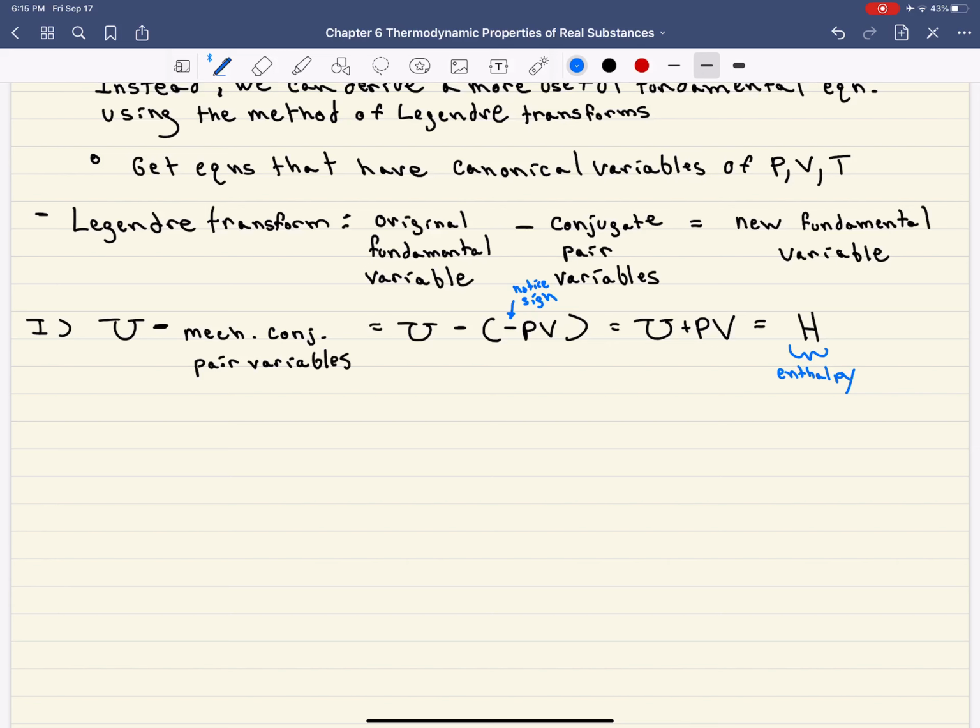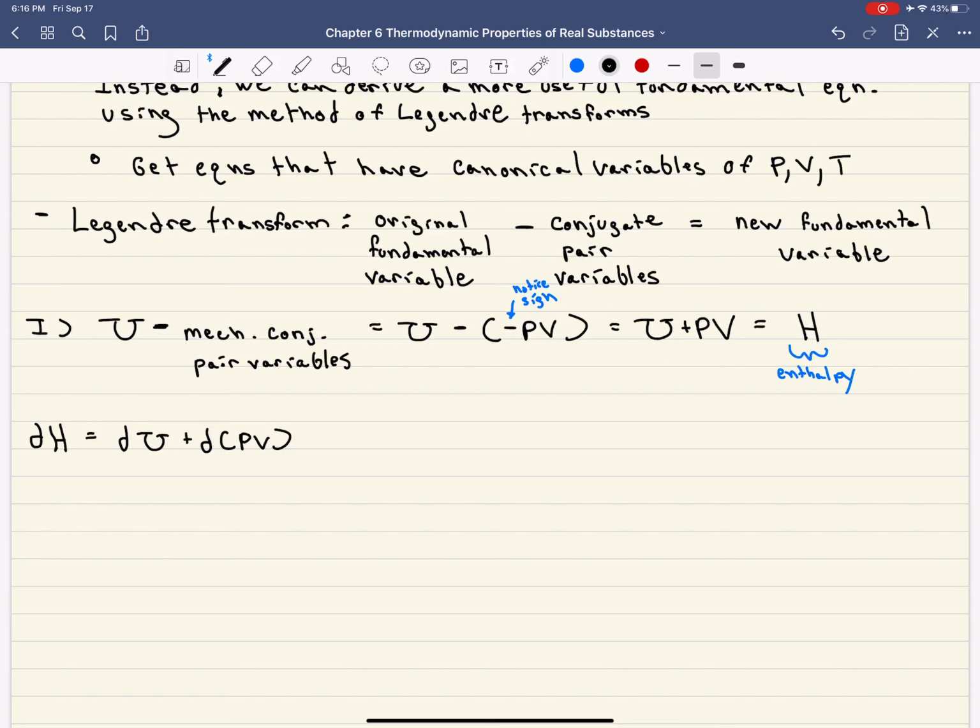But what we want to do now is figure out the fundamental equation for enthalpy. Okay? And so we're going to take the total derivative of enthalpy, so dH. And so the total derivative of enthalpy is going to be dU plus the derivative of PV.